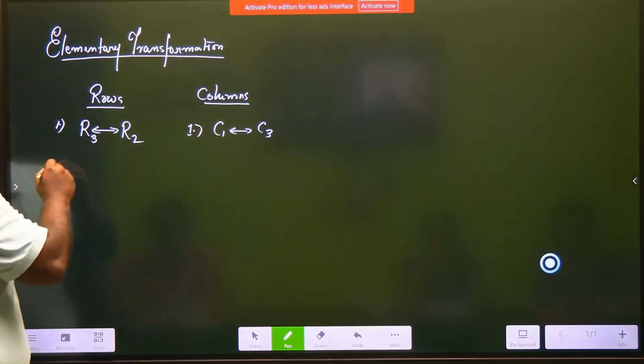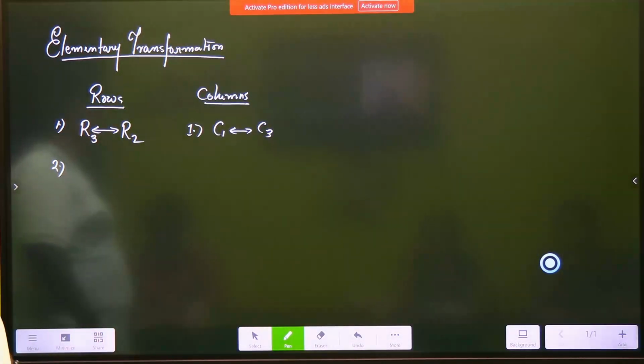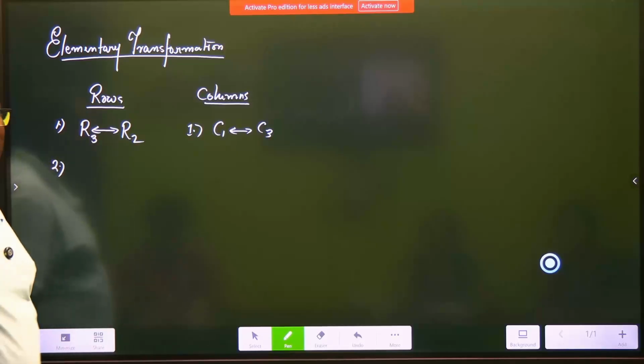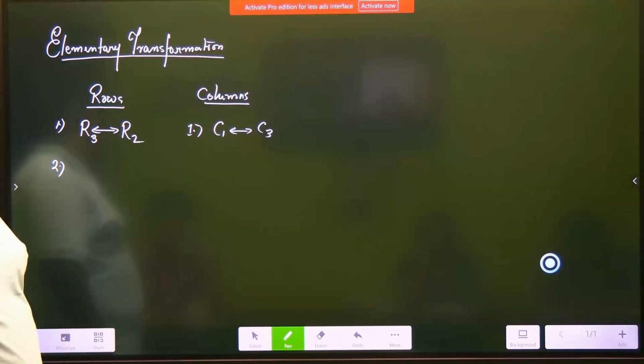The second elementary transformation, do you remember? Multiplying the same number with all the numbers of either a row or a column. Clear? And what was the third one? Third one was subtracting from one row the corresponding elements of another row after they all have been multiplied by a common non-zero element.